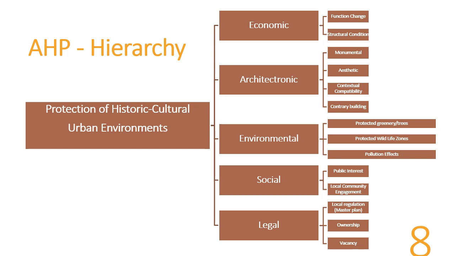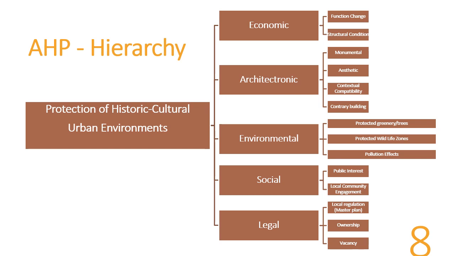We call the main problem the protection of the historical environment, and this problem includes decision criteria. We call them economic, architectonic, environmental, social, and legal, and they also have sub-criteria, such as functional change, structural condition, and architectural values like monumental, aesthetic, contextual, compatibility.